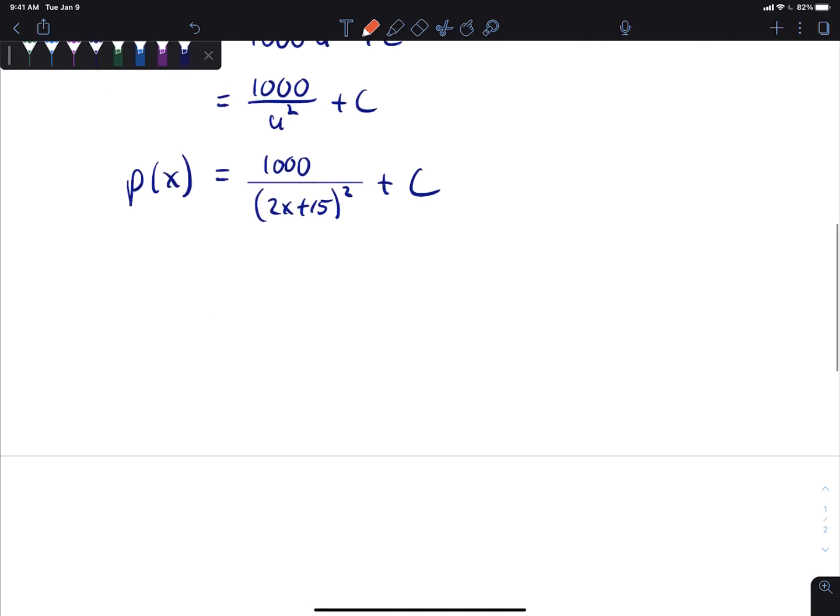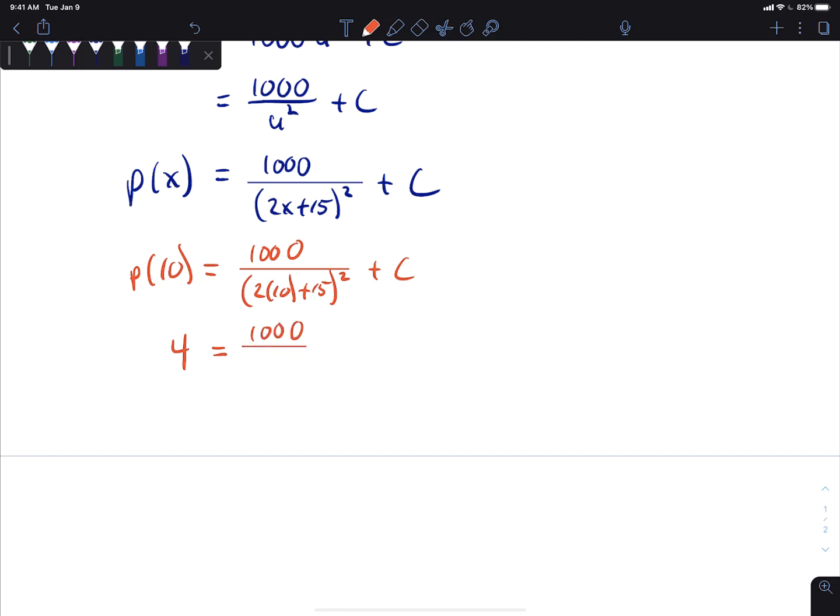So go down here and figure out what p of 10 is. So p of 10 would be 1,000 over (2 times 10 plus 15) squared, plus some constant. Now p of 10, of course, is just 4, so we'll just replace that with 4. Then over here, that gives me 1,000 over 2 times 10 is 20, plus 15 is 35. And what is 35 squared?